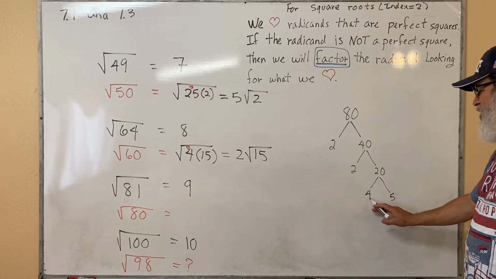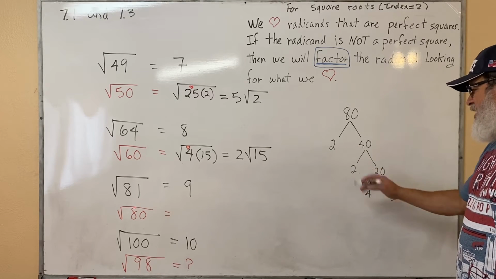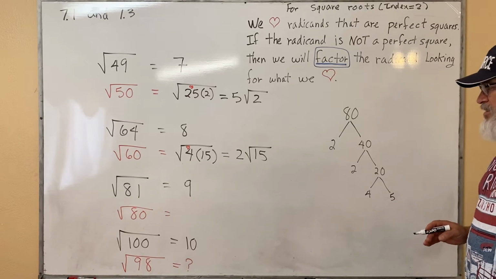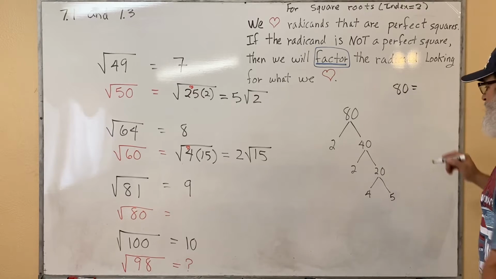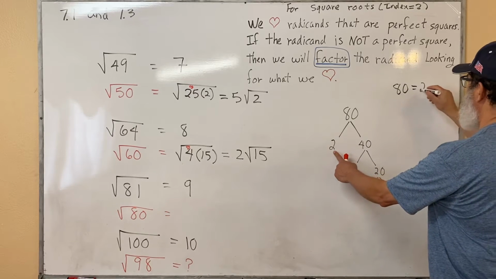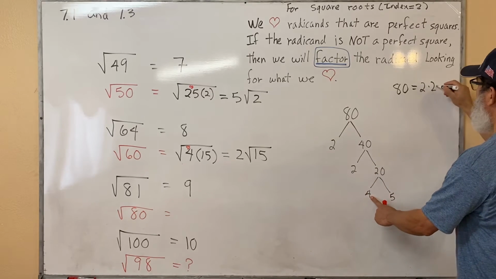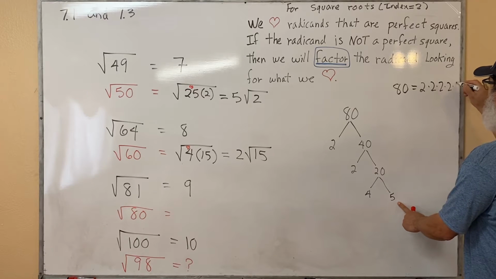4 is a perfect square, okay? And this is also 4. When you take this 4 and you multiply times this 4, that's 16. So now, 80 is like this. It's 2 times 2, and this 4, another 2 times 2, and this 5 times 5.